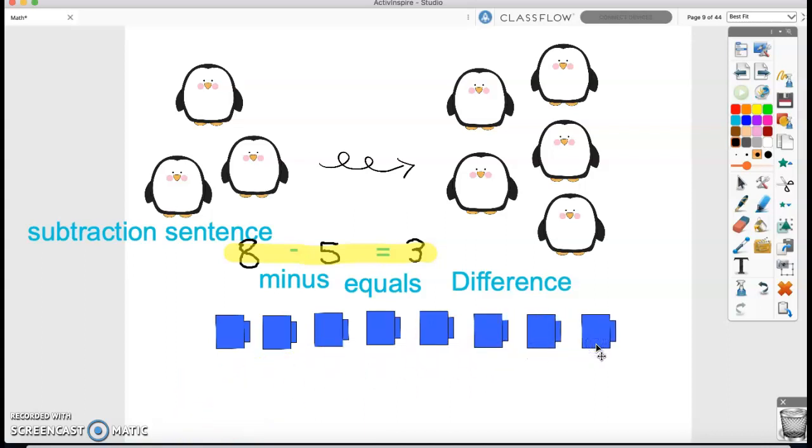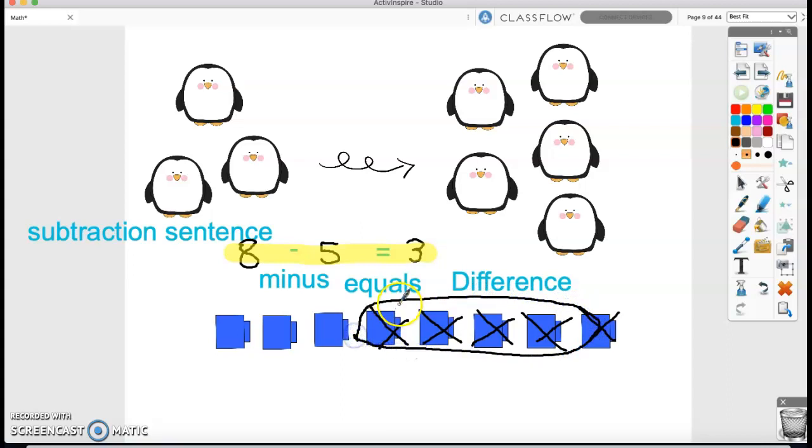We had 8 penguins. How many penguins went away? 5. 1, 2, 3, 4, 5. I like to also circle them to make sure that I get them all in and cross them off. So how many do I have left?